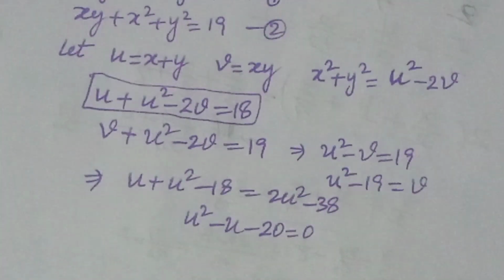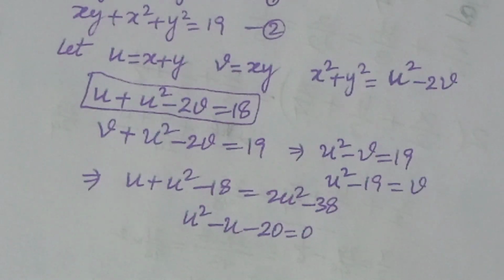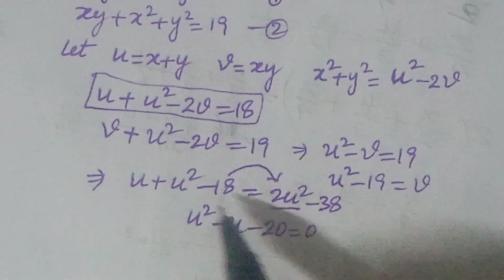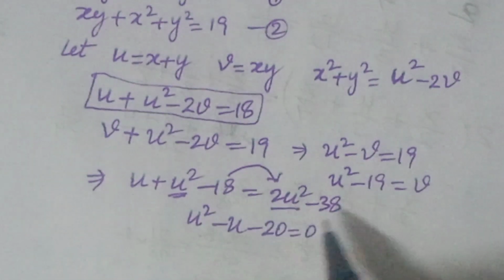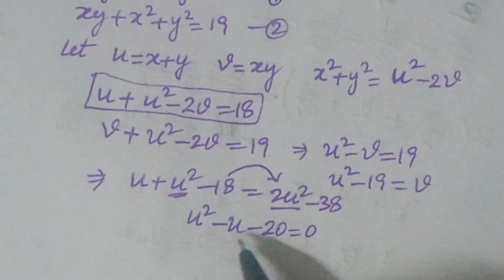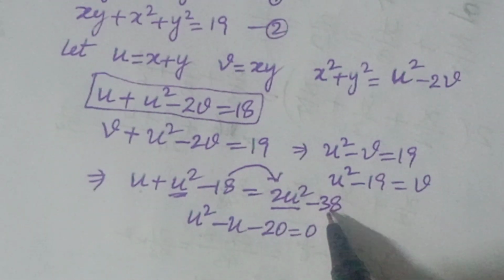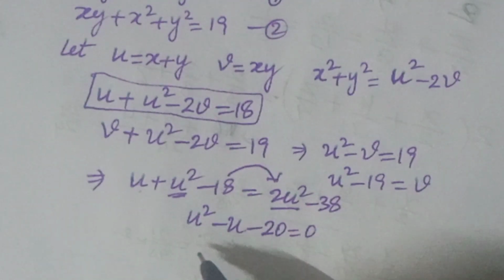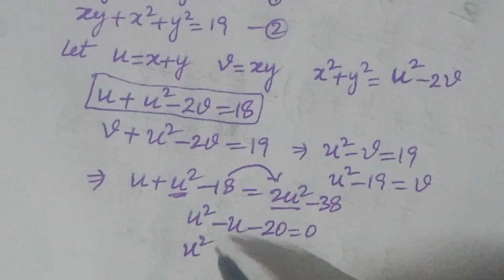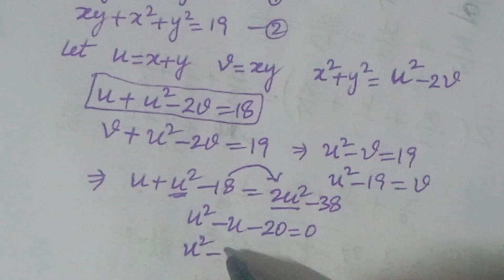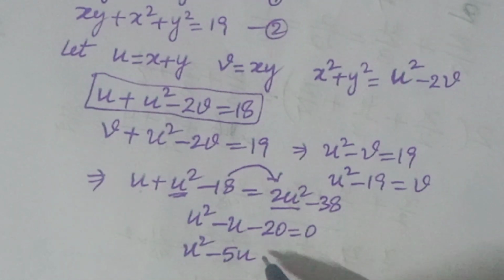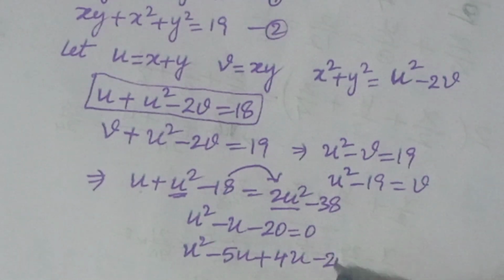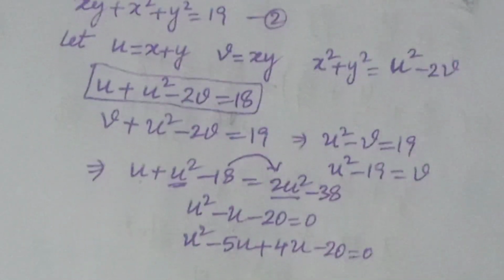Send all the terms to this side: 2u square minus u square, u square here, plus u will become minus u, minus 38 plus 18 will get minus 20. So if you write the factors, u square minus 5u plus 4u minus 20 equal to 0.